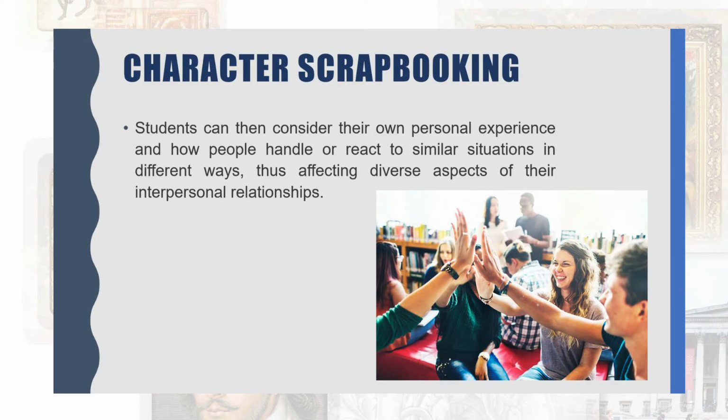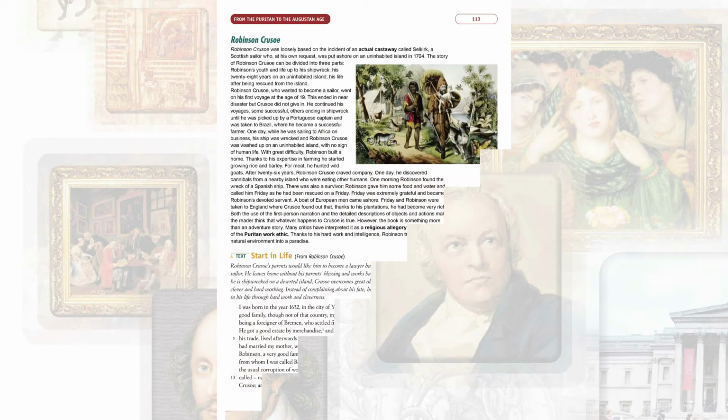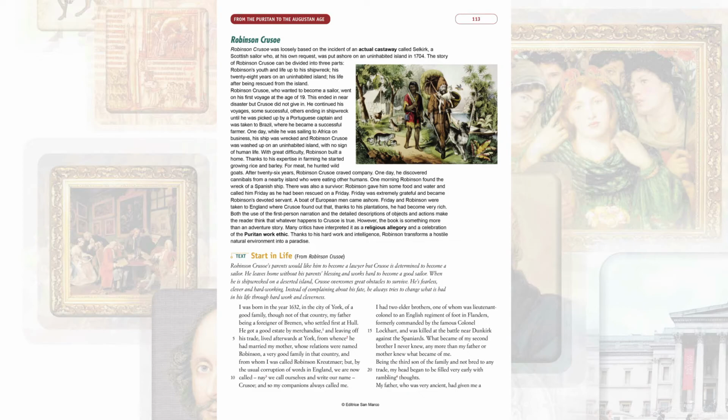An example could be maybe different moments in the story of Robinson Crusoe by Daniel Defoe. For example, they could focus on the day when Robinson decided to become a sailor, and he went on his first voyage at the age of 19, when it ended in a near disaster, but he did not give in, but continued his voyages.